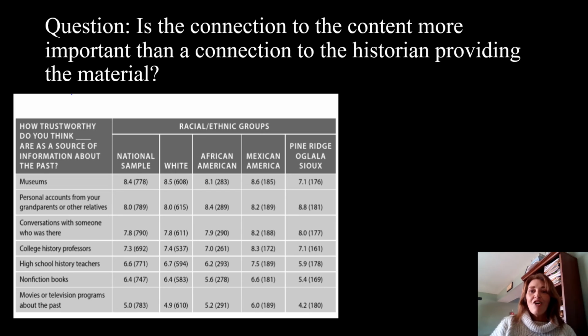So based on this chart, I am not advocating that developing student relationships isn't equally important, but I think what we need to do, and obviously this is an ongoing battle for all historians, whether you're a teacher, a professor, working in a museum, it really doesn't matter, is help your audience, whoever that might be, to connect with history, to engage with history.